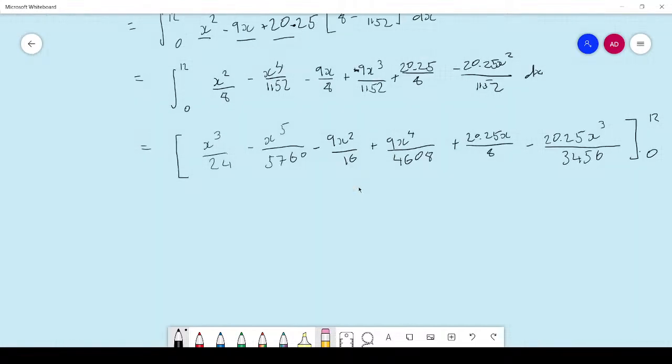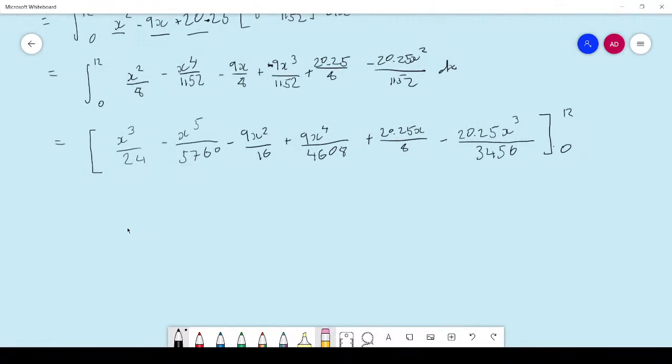So then I will do this by hand. You should really just plug this into your graphics calculator, it should be able to do this really easily, but we'll go through it by hand. So we'll be subbing in 12, the top bound first.